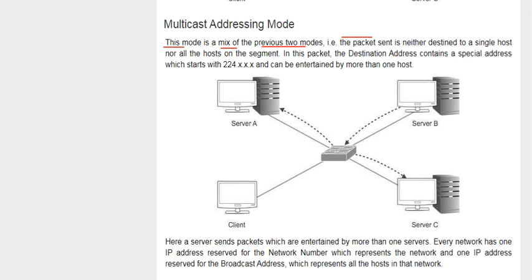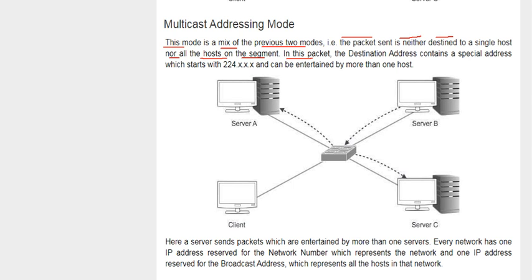So here the packet is sent neither destined to a single host nor all the hosts on the segment. ठीक है, तो जिस तरह से हमने देखा कि यूनिकास्ट एड्रेसिंग मोड में ओनली द पैकेट इज सेंड फ्रॉम द क्लाइंट टुवर्ड्स द डेस्टिनेशन सर्वर. ठीक है, एंड इन केस ऑफ ब्रॉडकास्ट एड्रेसिंग द क्लाइंट विल सेंड द पैकेट, दैट सेंड पैकेट विल बी received by all the servers, that will be a broadcast. So multicast addressing mode consists of the combination of both unicast and broadcast.